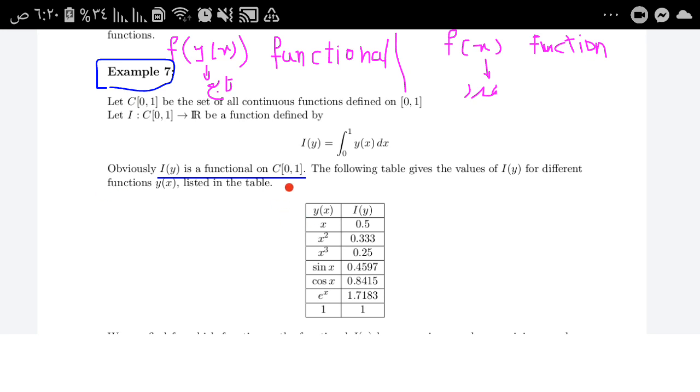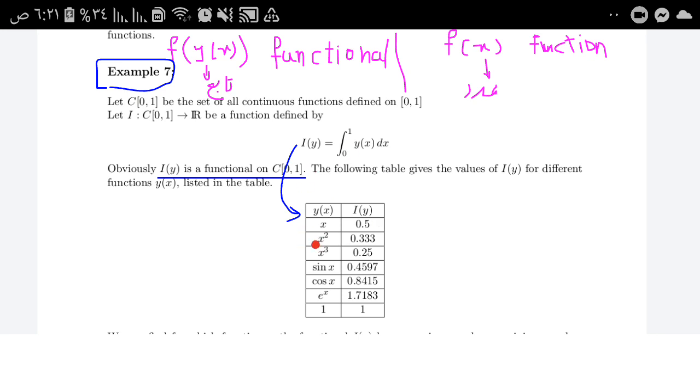For example, in this functional, if the function y is equal to x, then the value of the functional is half, 0.5.